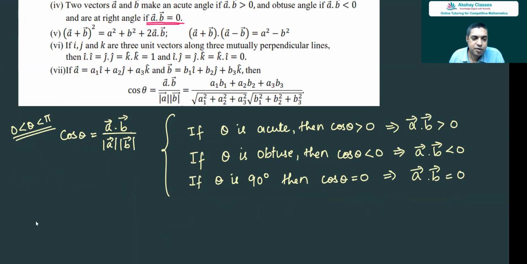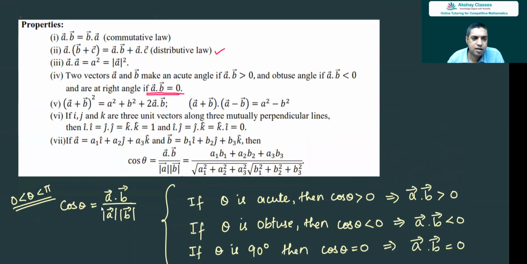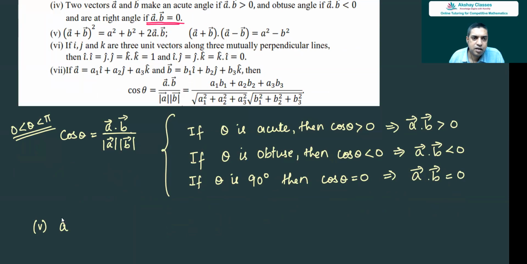Now next, look at this fifth property. A plus B the whole square.